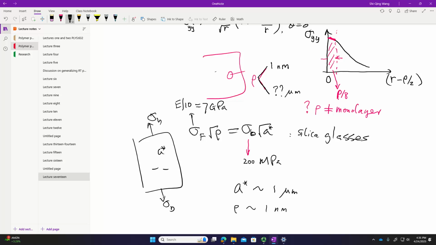Now it's up to you, there are two unknowns to have this differ by a factor of 100. I just need this to be 100, right?